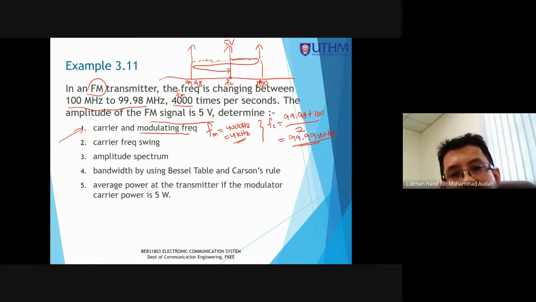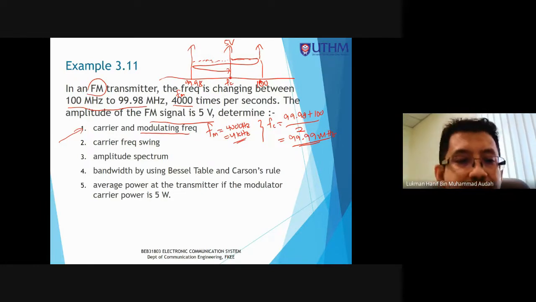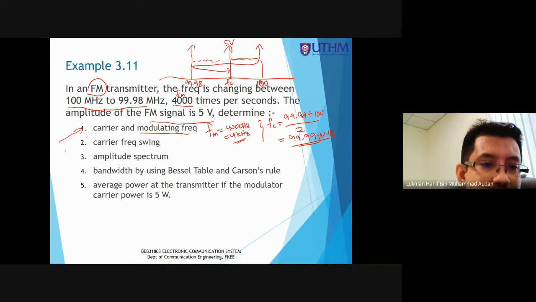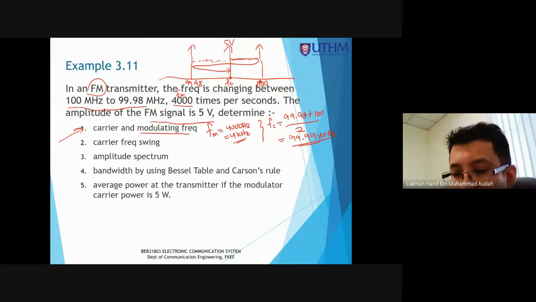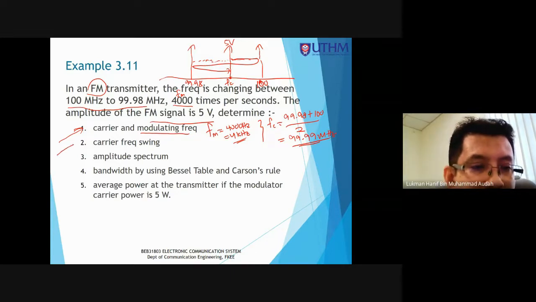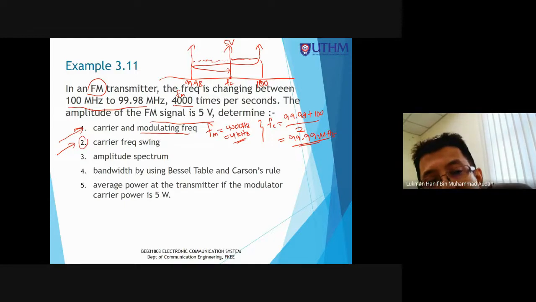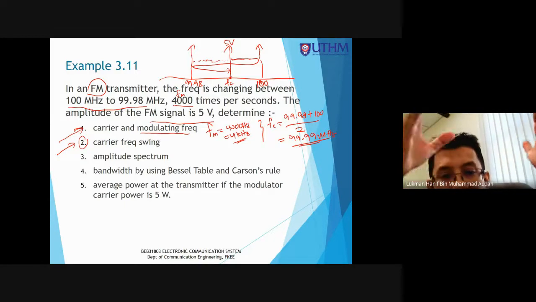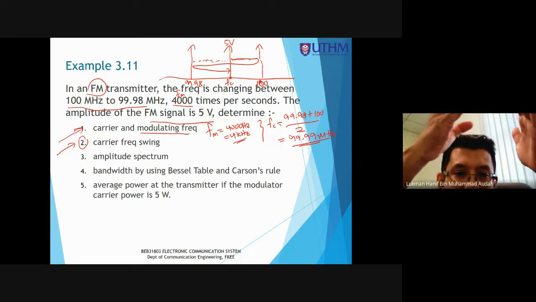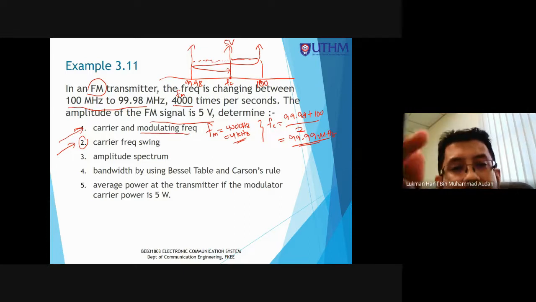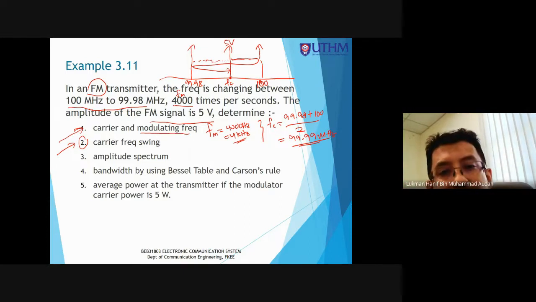Okay, if there are questions, please ask. So the first question is done. Class, don't be shy to ask, if you don't understand please ask. If you don't have questions, I move to the next question. Carrier swing. Carrier swing is the total distance of oscillation, from 99.98 until 100.